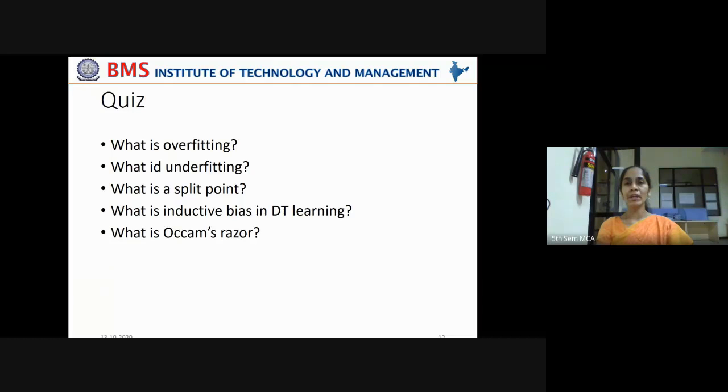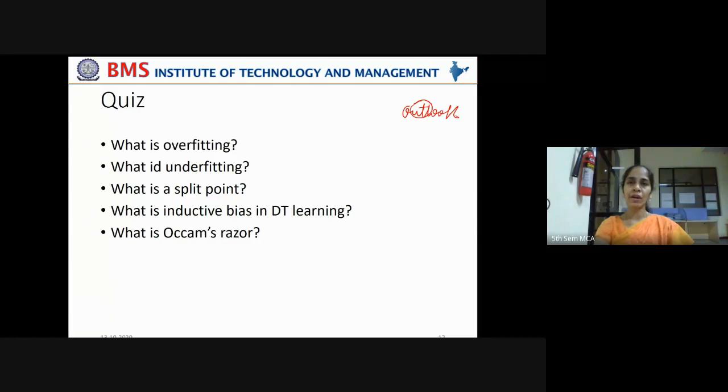Now, what is a split point in the decision tree? Say you calculate the information gain for all the attributes in the training examples and you find that Outlook has the highest information gain, so you place it at the root node.